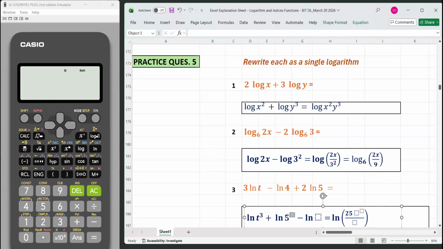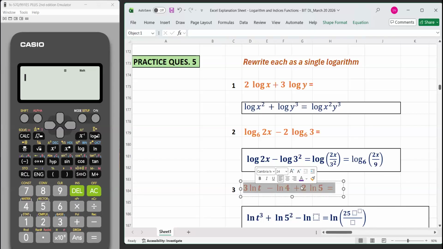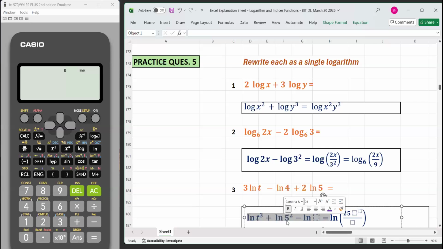I hope you realize that I was rearranging the terms. I brought the addition, the 3 ln t and the 2 ln 5, together because I know addition means multiplication, and then the subtraction, natural log of 4, will be last. Now we are going to use the addition rule. 5 squared gave me 25, so I've written that.